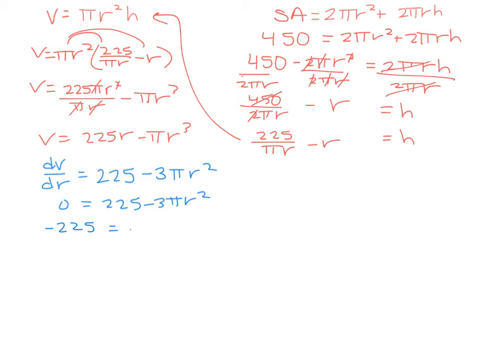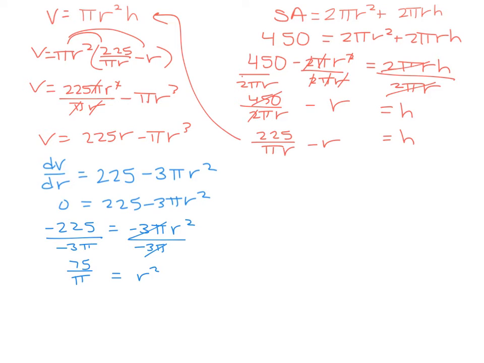So we're going to work on solving this, dividing both sides by negative 3 pi. And so when we do that, let's see, we have 225 divided by 3. And so that gives us 75 over pi.